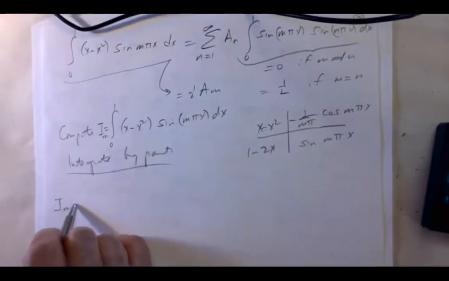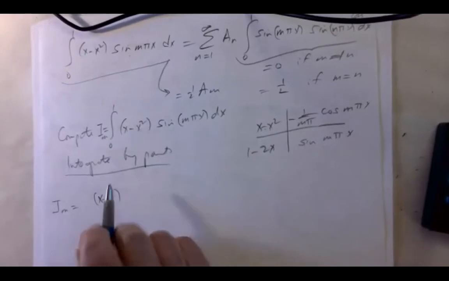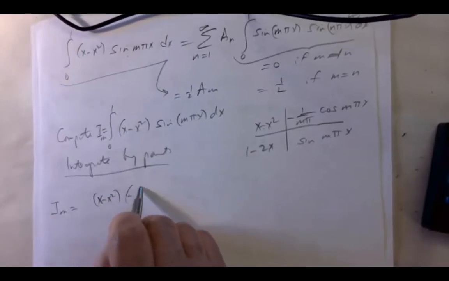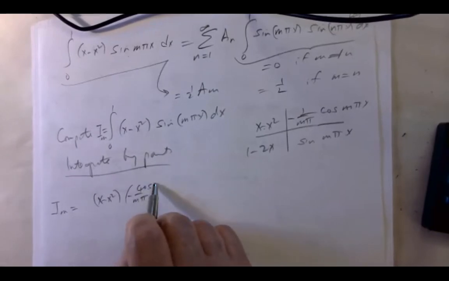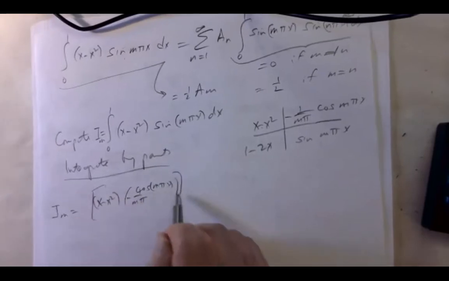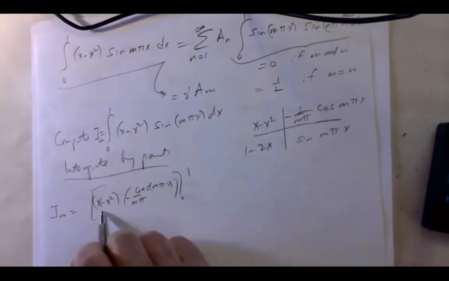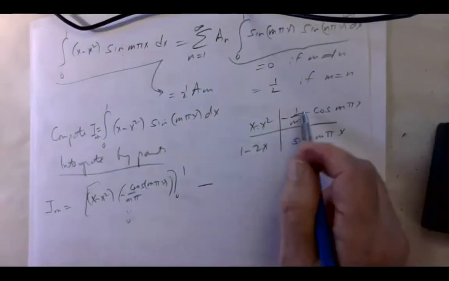I sub m is equal to x minus x squared times minus 1 over m pi cosine m pi x evaluated from 0 to 1, which is 0, minus the integral like this.